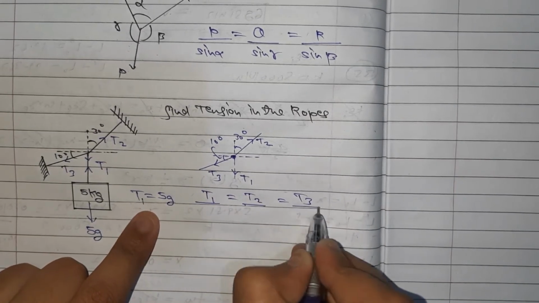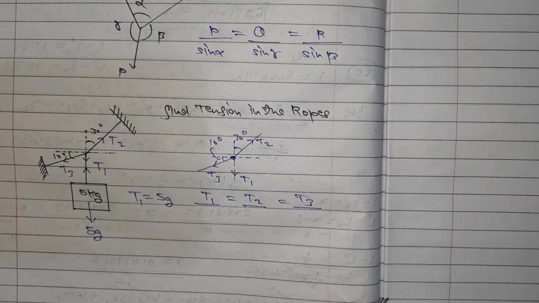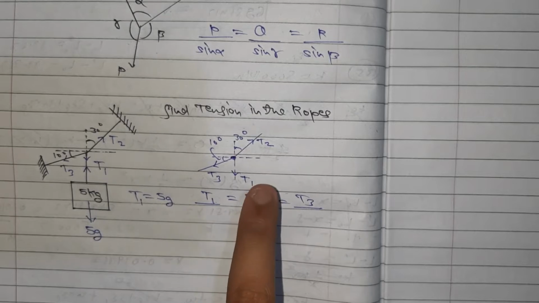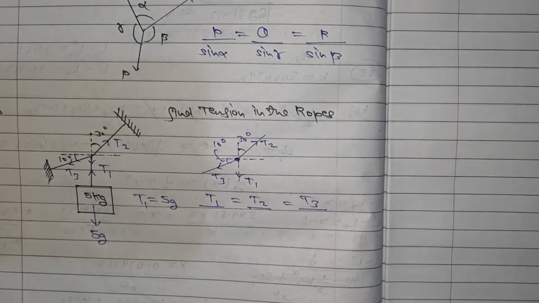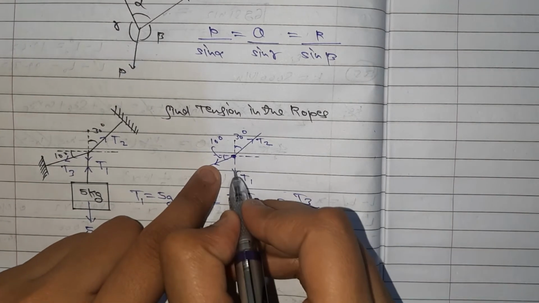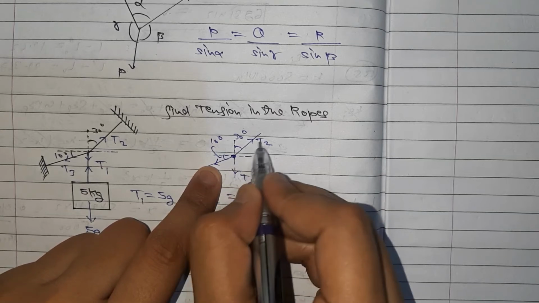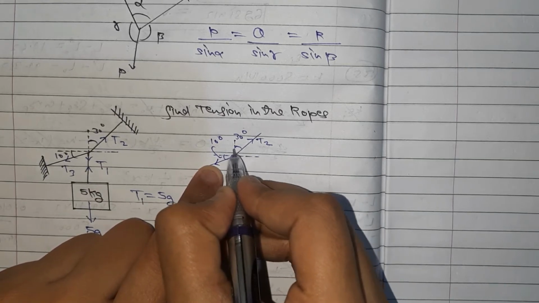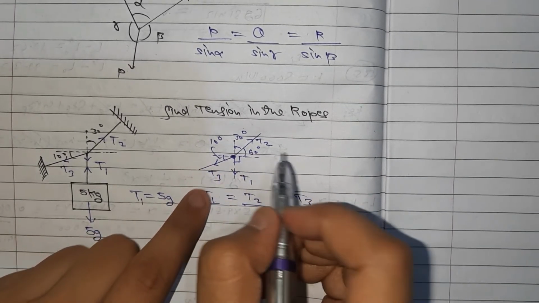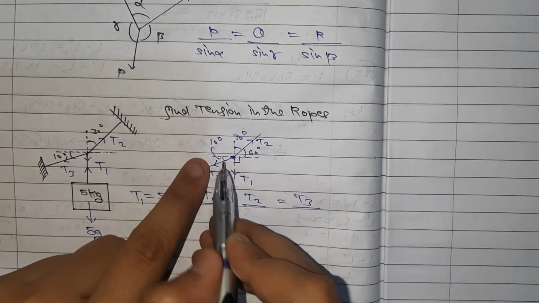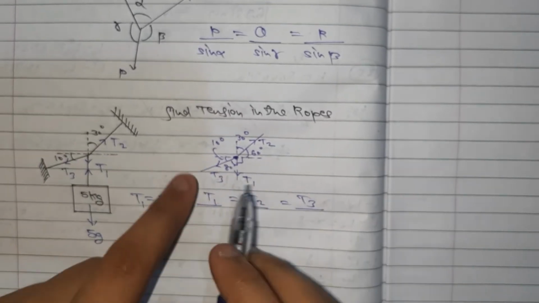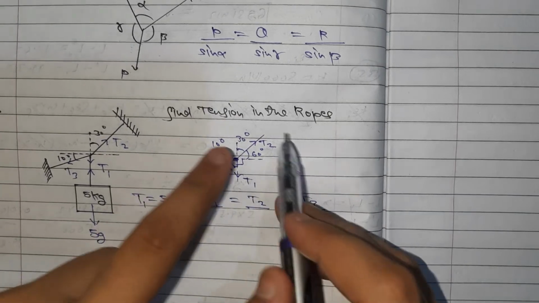After writing T1, T2, T3, first of all you should mark all the angles in between the forces. You should be aware of all the angles. Between T1 and T2, if this is 30, this will surely be 60 degrees, and this is 90, so in total we get 150. And if this is 10 degrees, then this should be 80 degrees. So the angle between T3 and T1 is 80 degrees.